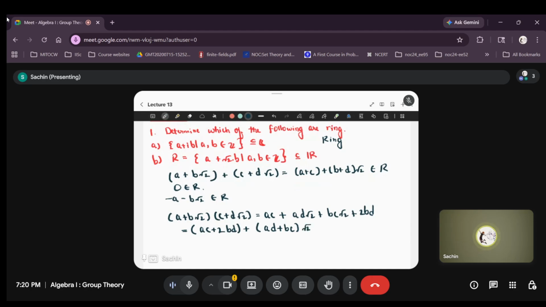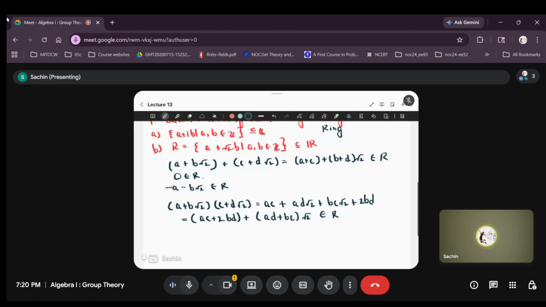So ad plus bc is also an integer. So it is closed at least, and 1 belongs to it. You don't need to check associativity or distributivity. Commutativity is also fine. So it is a ring, right? So it is a ring.